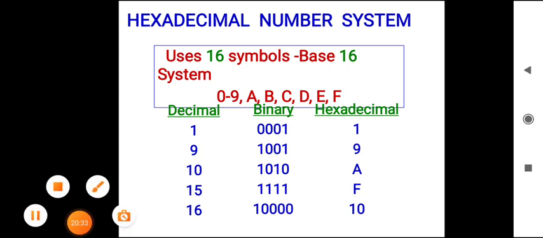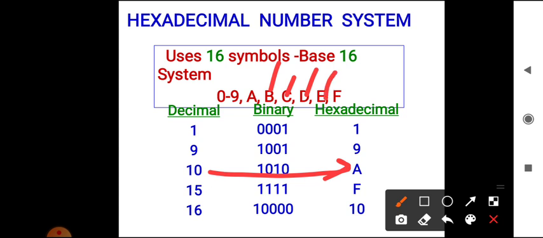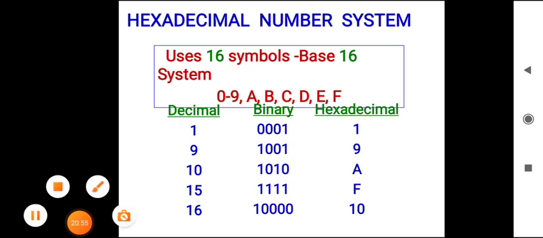And 10 means A, 11 means B, 12 means C, 13 means D, 14 means E, 15 means F. So this is the hexadecimal system.